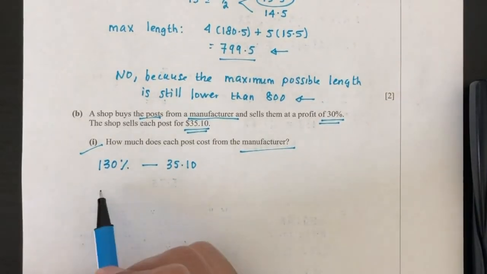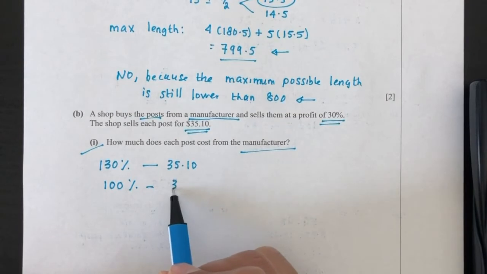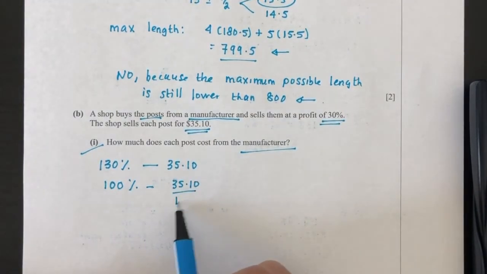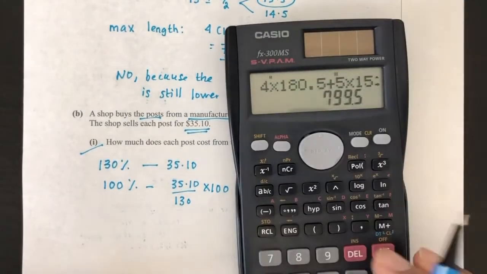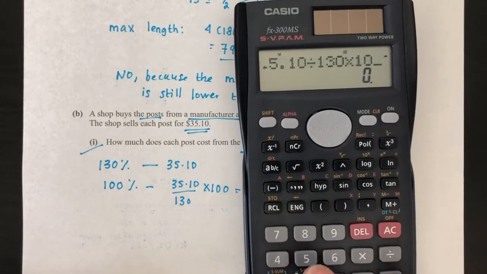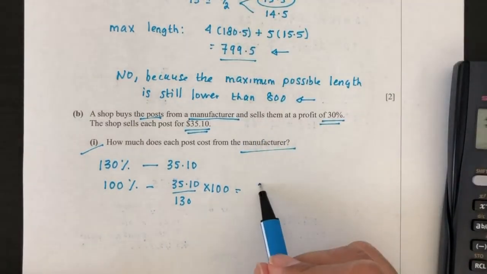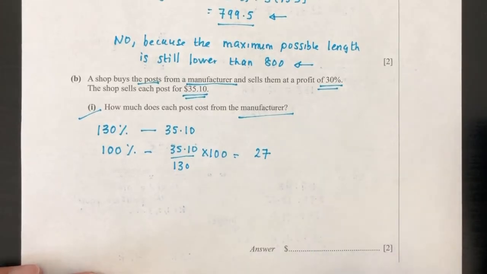So we have to find the original price at 100%. That will be 3510 divided by 130 times 100. That will be 27. So the price that he bought from the manufacturer was $27.